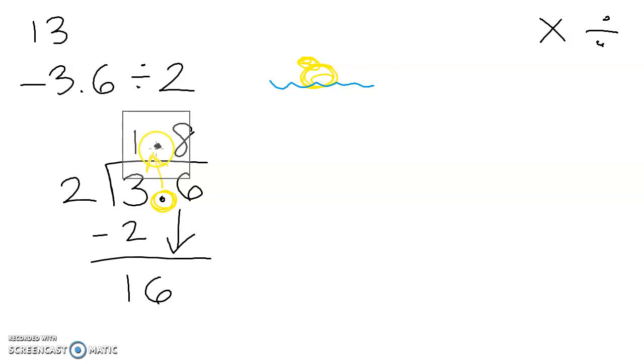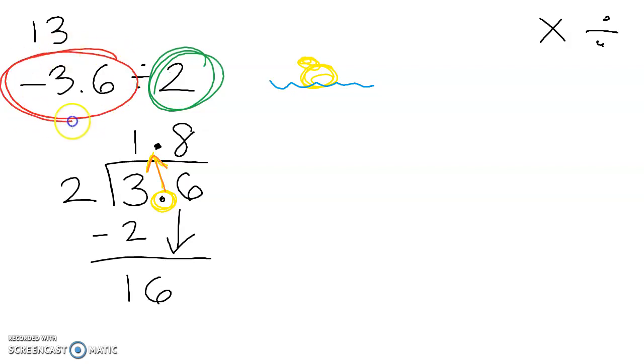So it is going to land between the 1 and the 8, but it pops straight up from inside the little decimal house. So now that I have found my quotient, my answer to that division problem, I can go back and add the sign in. I have one original number that was positive and one that was negative.